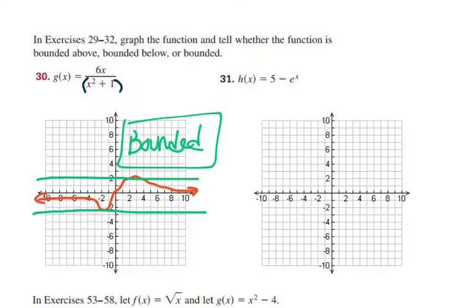Alright, and then the next one, since it's got this exponential in here, it's probably just going to be bounded below, although it is a negative, so maybe it's above. Either way, we go to the equation setting of y equals and graph e to the x. E is by the division sign if you use second, and then we're going to bring that to the x power.